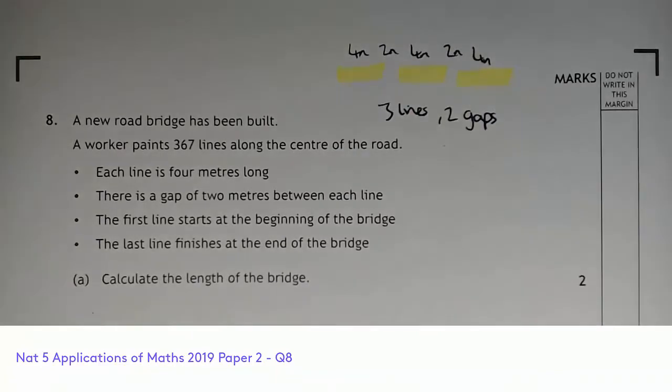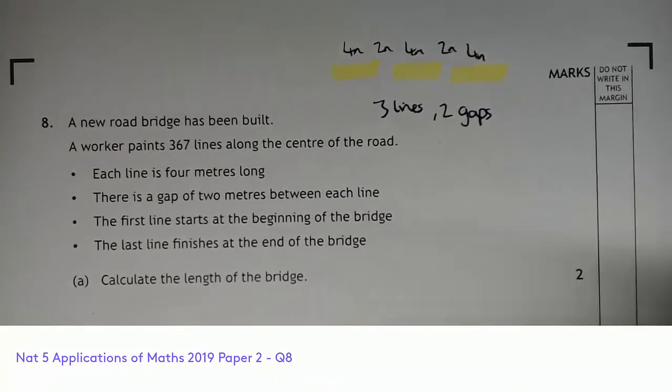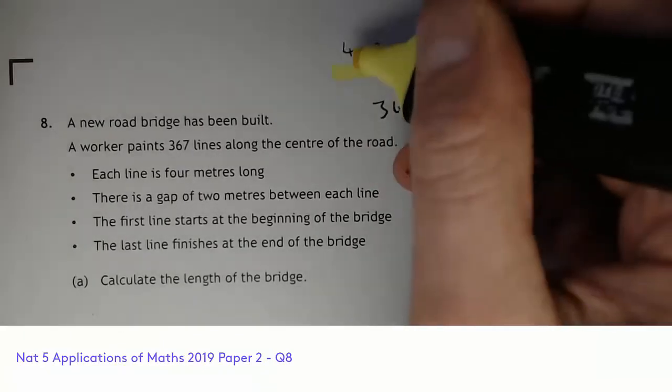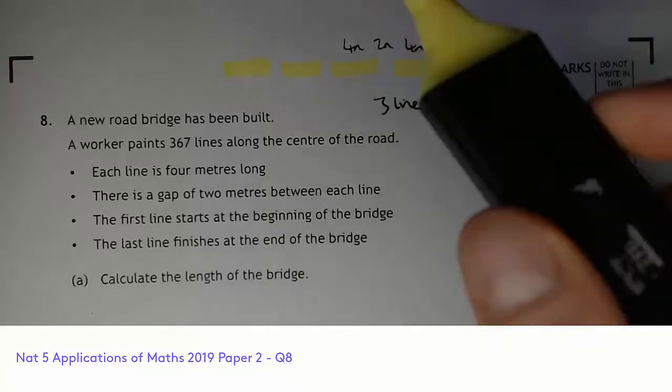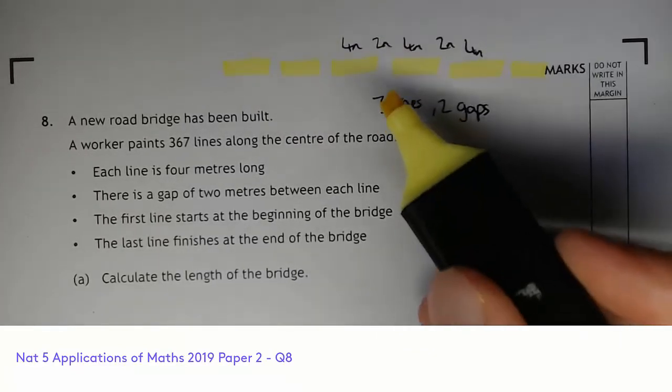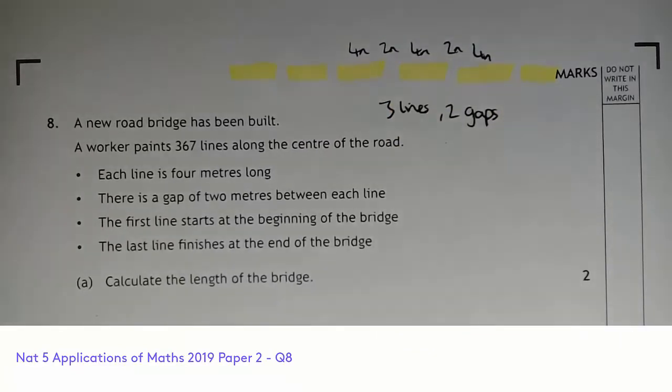If I extend this along with some more lines, there are 6 lines and then 1, 2, 3, 4, 5 gaps. So the number of gaps is just 1 less than the number of lines.